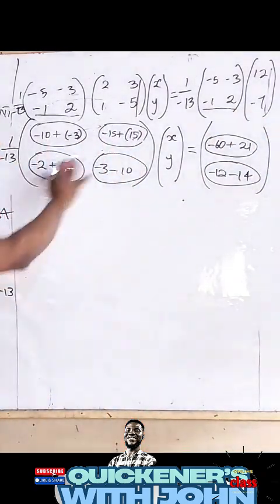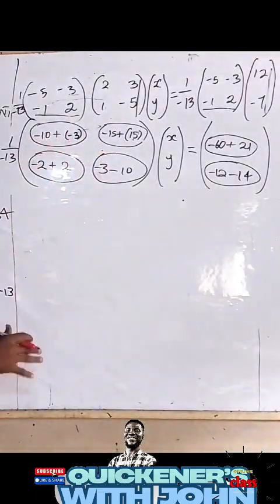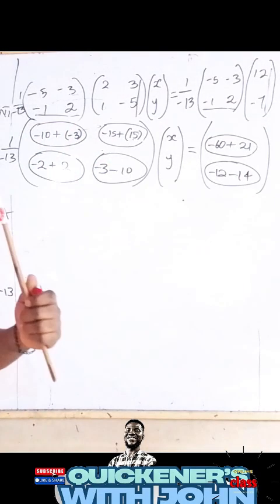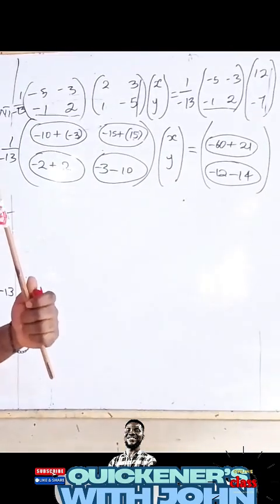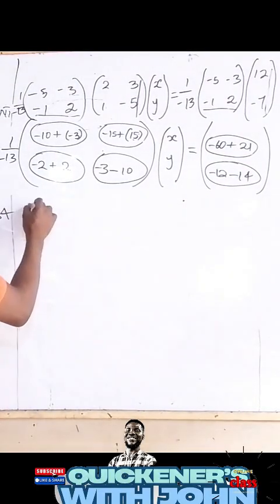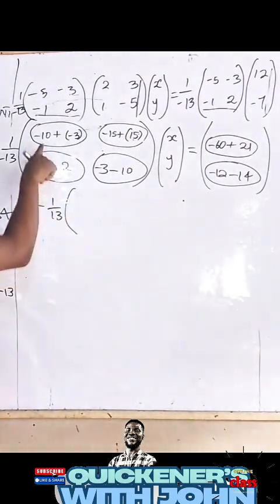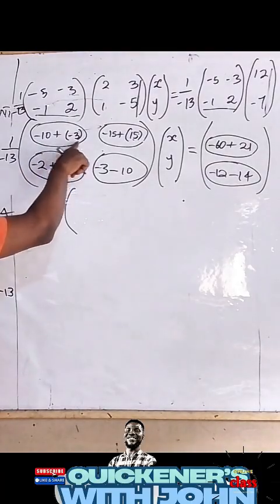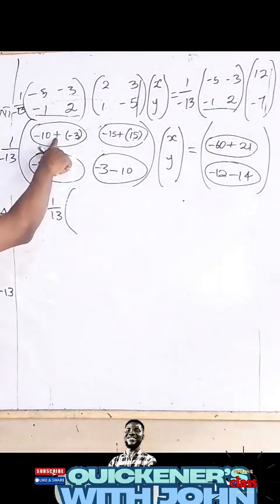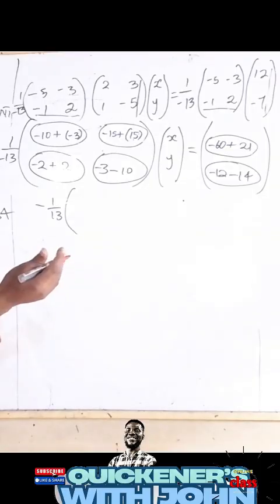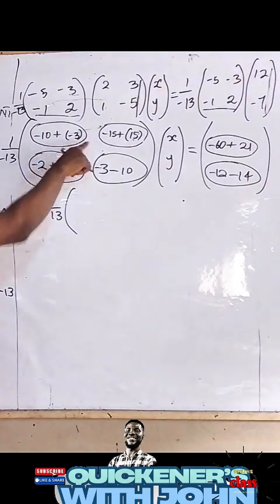Okay? So let's add up all this thing that you're seeing now. So remember we have minus 1 over 13. Minus 10 plus minus 3. So plus times minus, that's minus 3, right? So minus 10 minus 3.